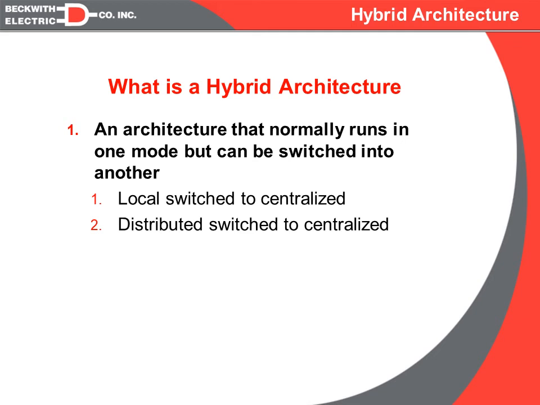The most common of these would be the local mode, where typically you're going to allow the local controls to make all the decisions on their own, but either in system emergencies or maybe during peak times, your centralized system is monitoring the local, and if it thinks it can get added benefit, it may temporarily take over either part of the system or the entire system and switch it from local to centralized, and then at some time later switch it back again. The other way it can be done is going from distributed to centralized.